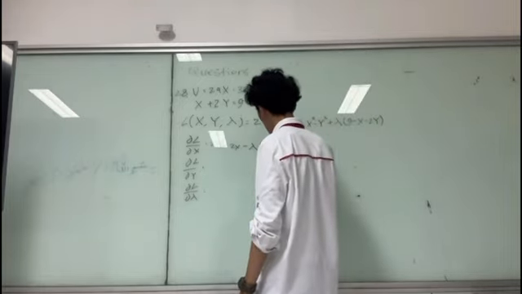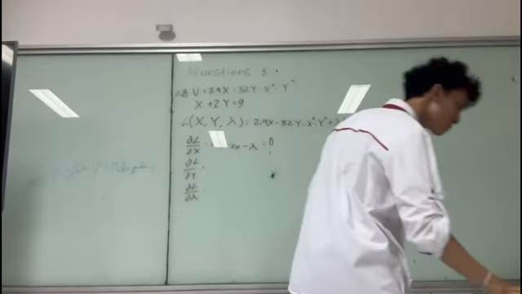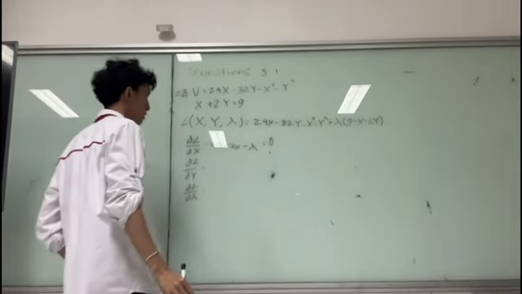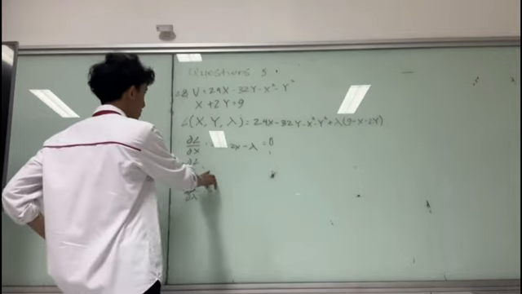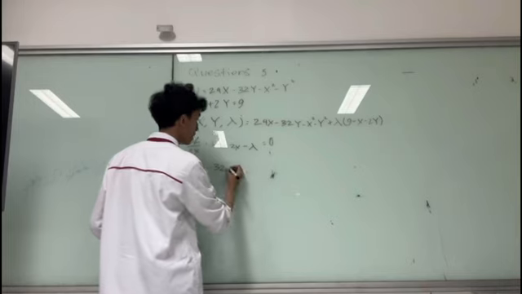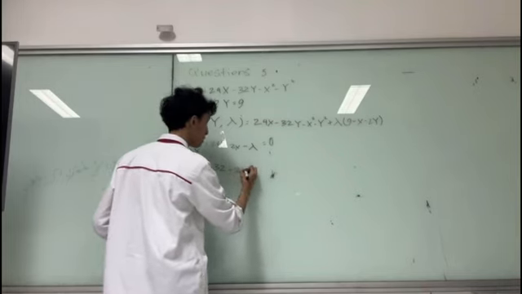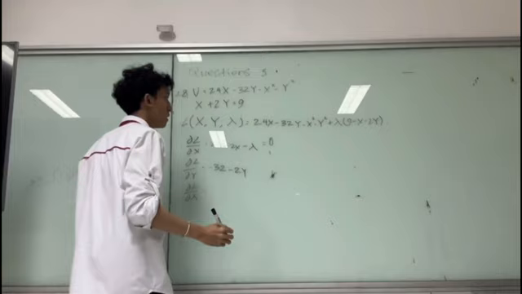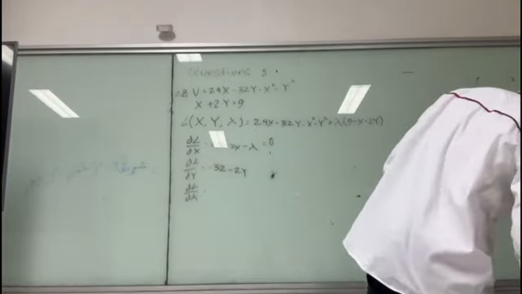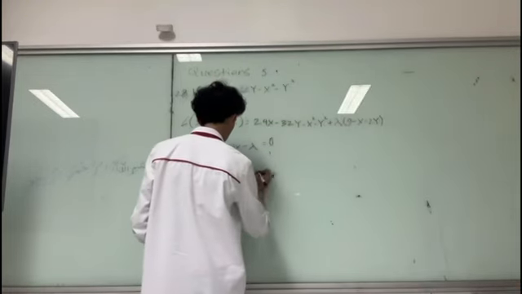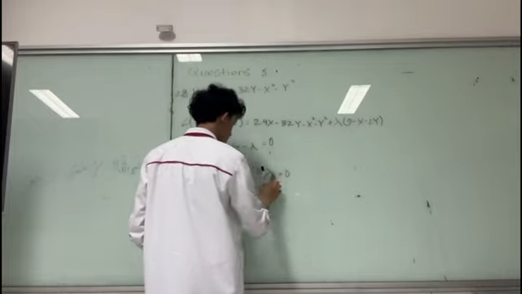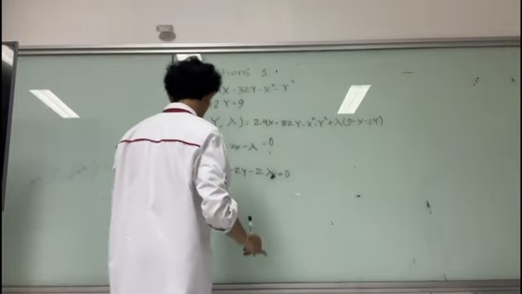The partial derivative equals 0. The same goes for y. It's going to be minus 32 minus 2y minus 2 lambda equals 0.